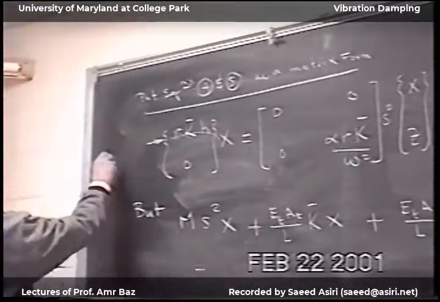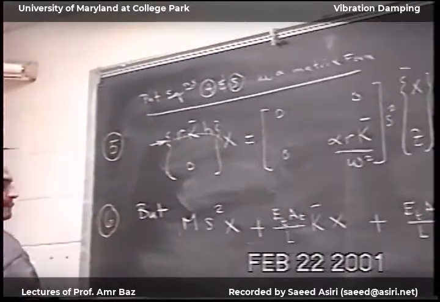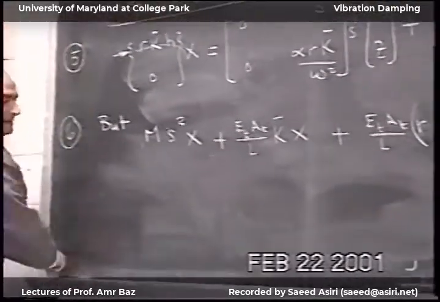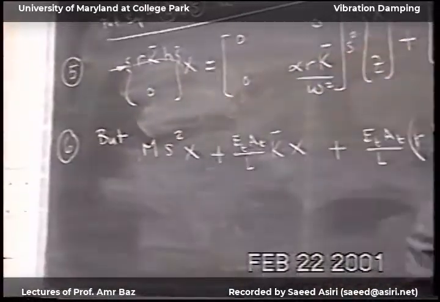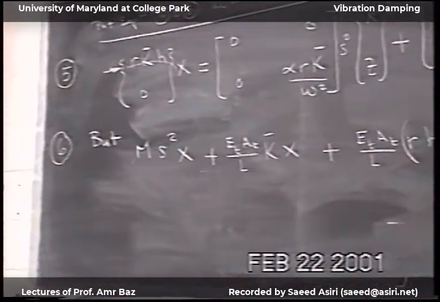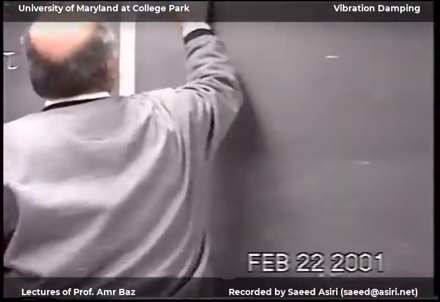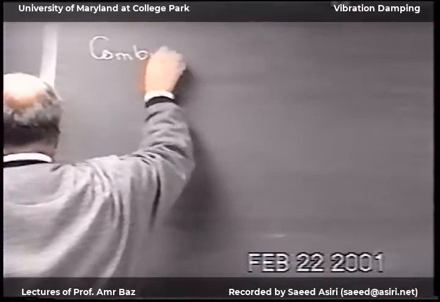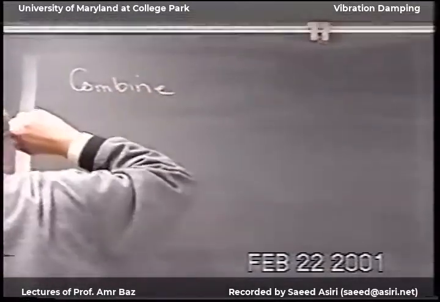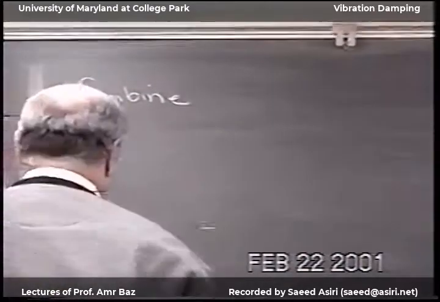So now let's call this equation 5 and 6. And let's say now here, combine 5 and 6.